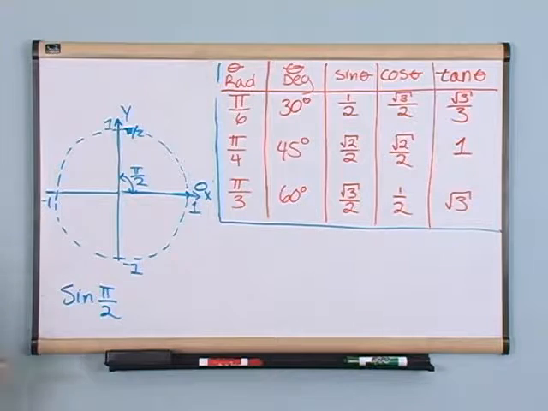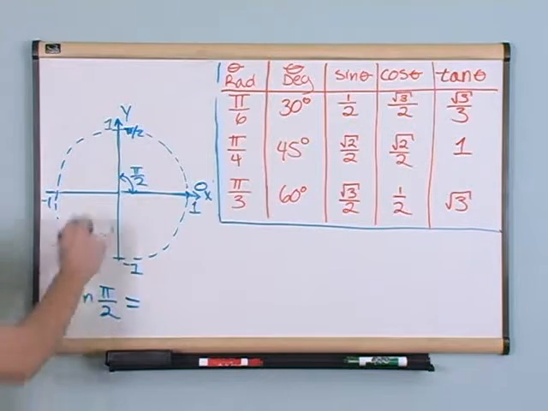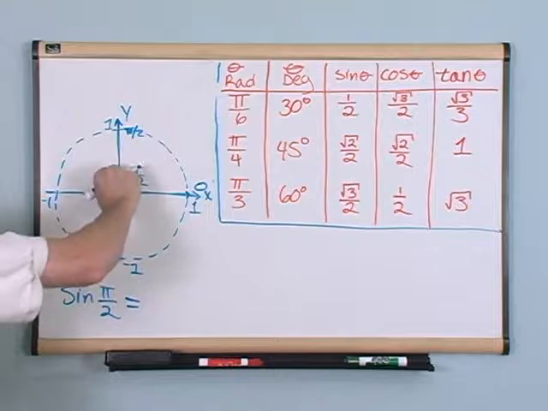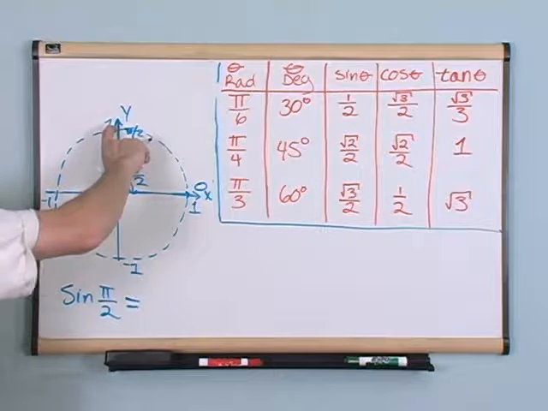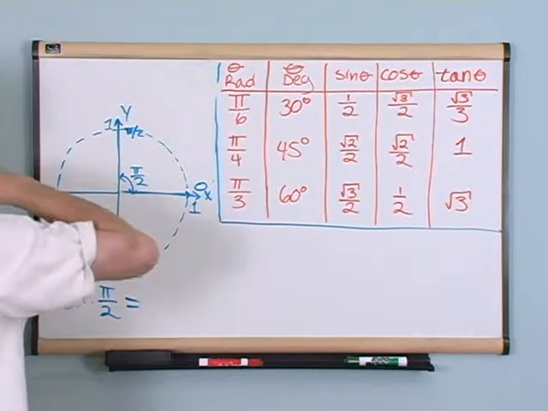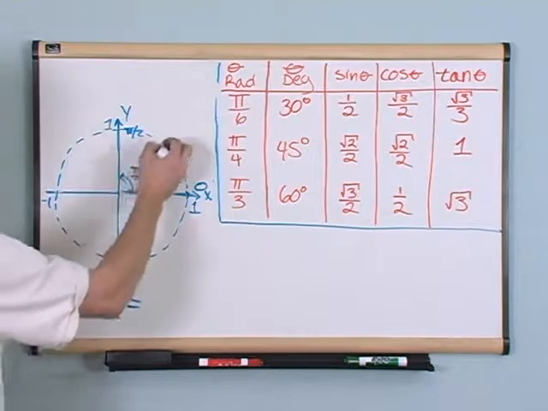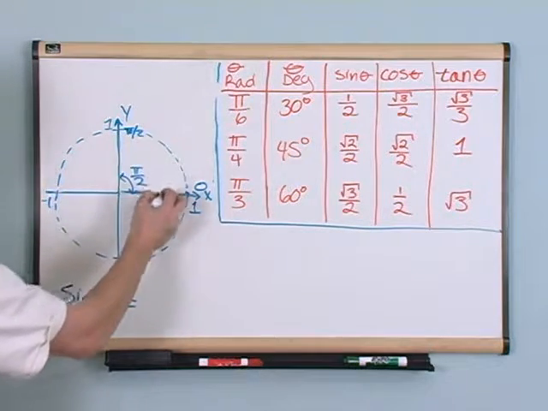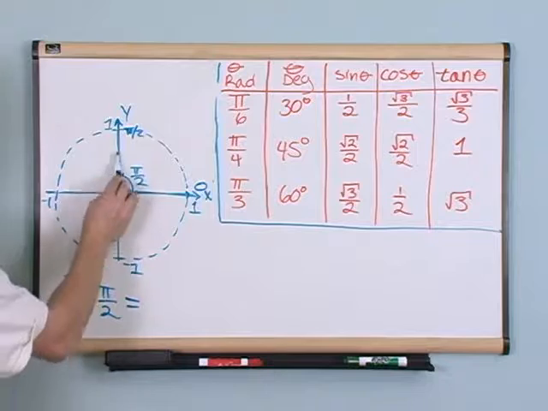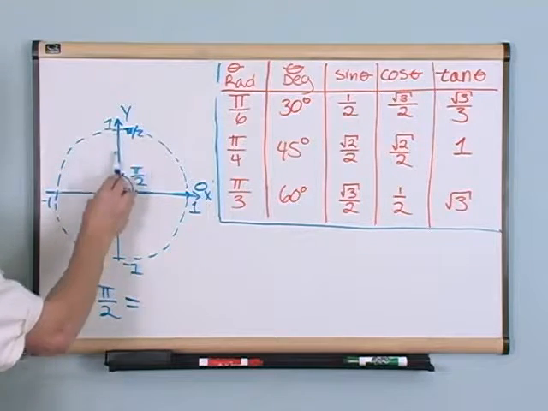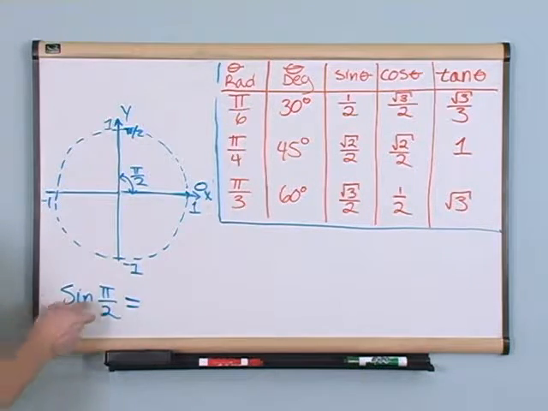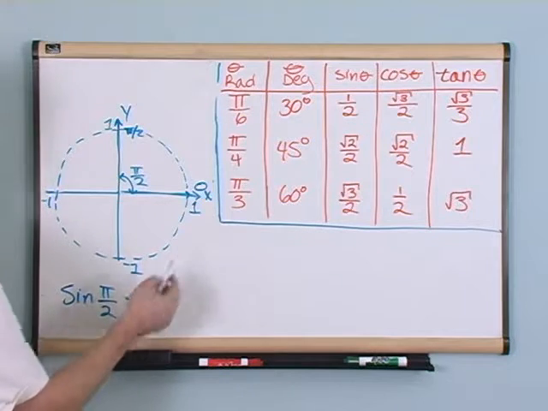Now, if you're looking for the sine, remember sine is a measure along y. So the triangle's lying exclusively along the y-axis here because we're up at 90 degrees. And so sine of pi over 2, which is 90 degrees, is, again, 1.